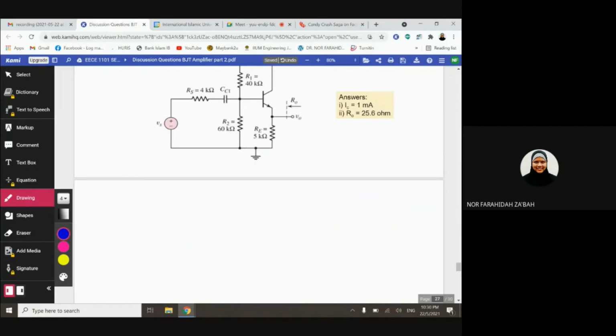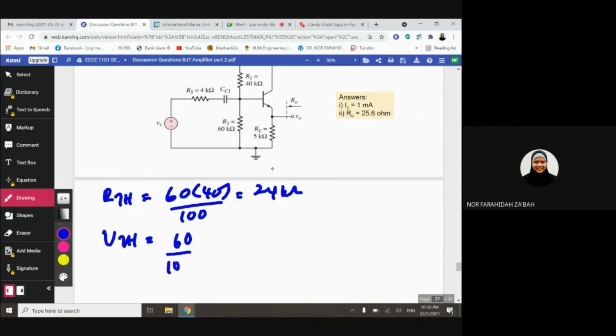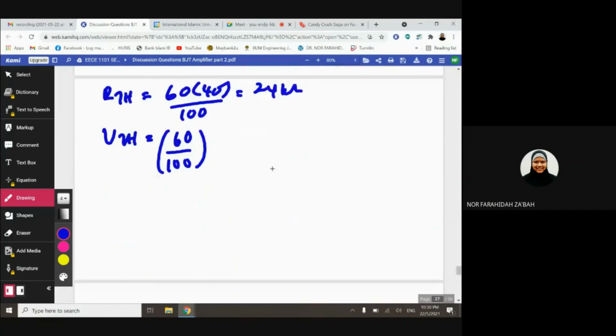So DC analysis again, RTH is equivalent to 60 times 40 over 100, which is 24 kilo ohm. VTH is equivalent to 60 over 100 multiply with 10. So you should get 6 volt, right?